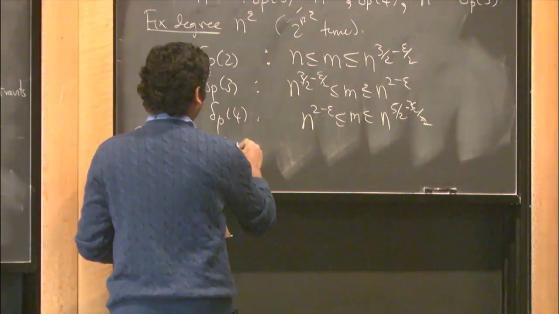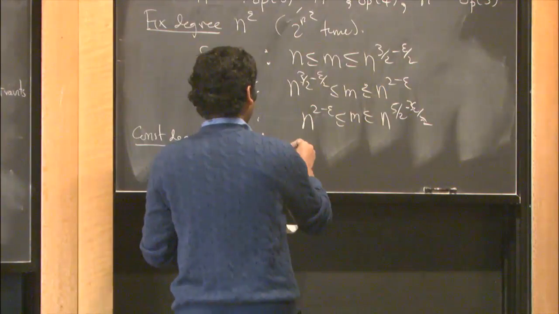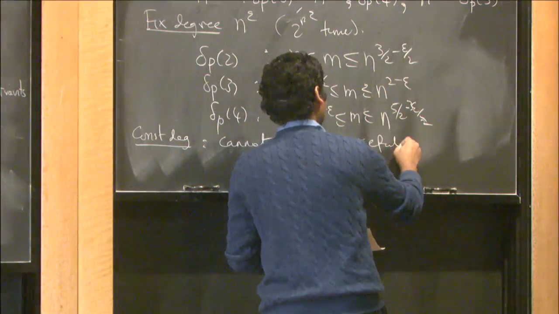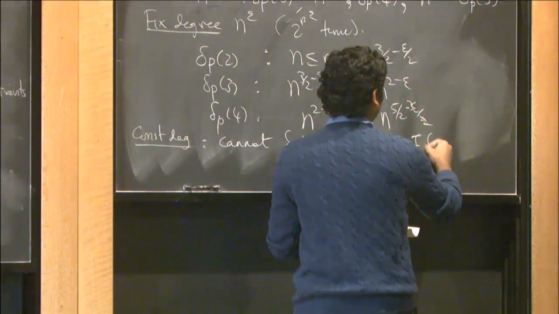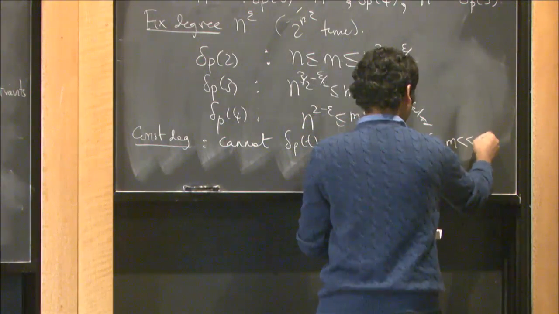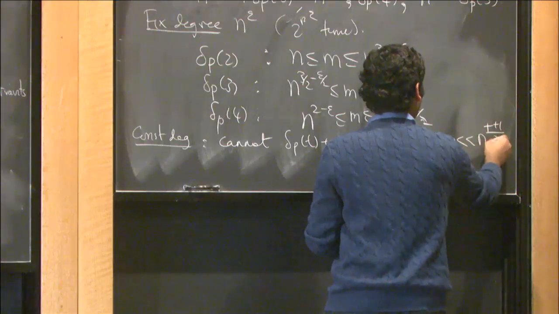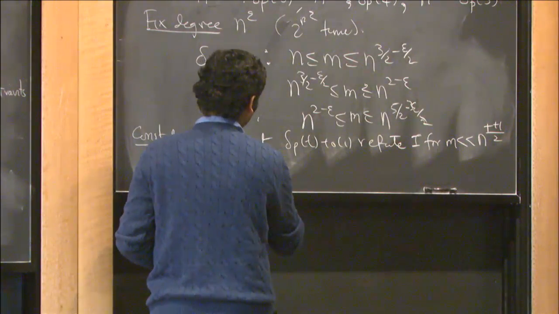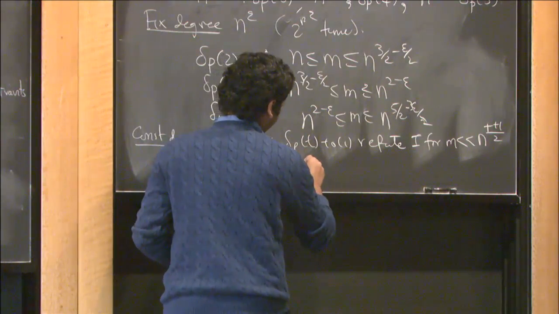You cannot delta p plus t plus small o of 1 refute I for m, and cannot weakly refute.